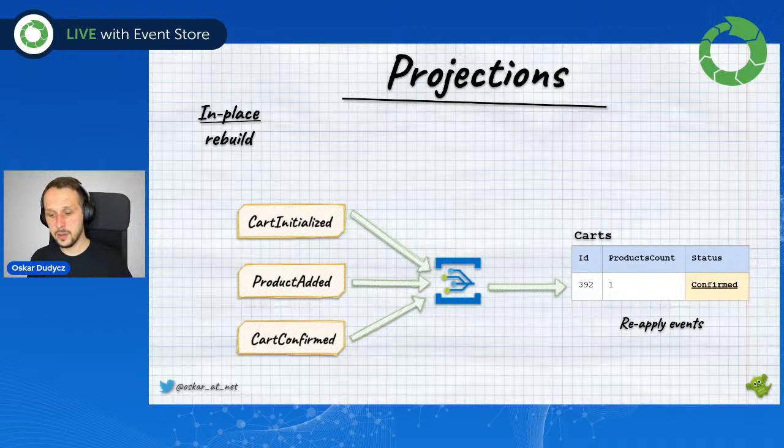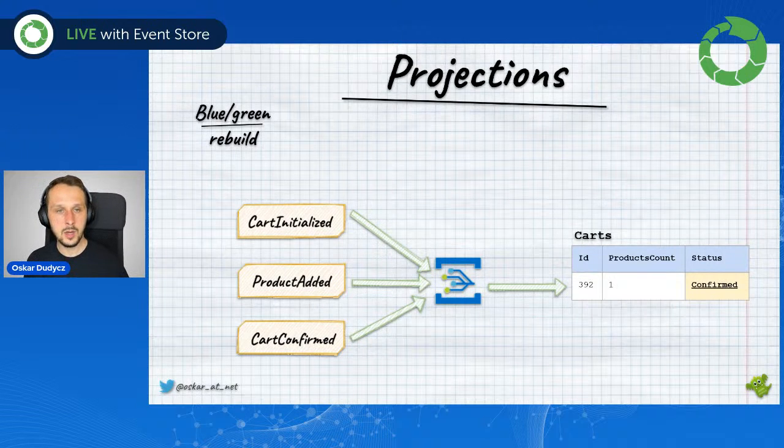But in-place rebuild is not great, because we will have some downtime, and if we need a lot of events to rebuild the projection, it may take time, even weeks in the worst case. Sometimes it's good enough, but typically we would expect a blue-green rebuild.